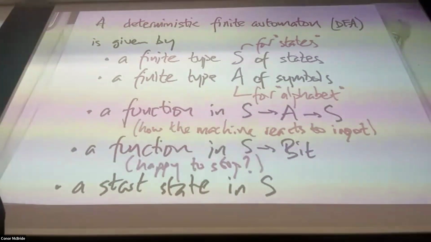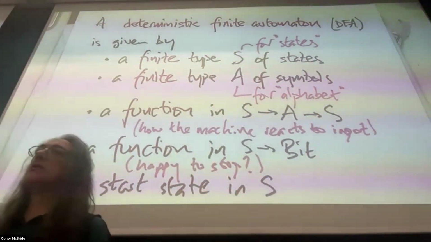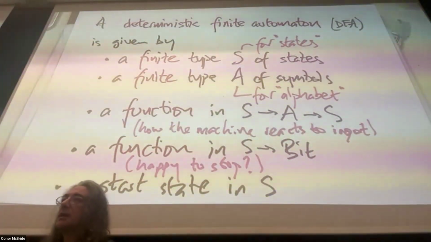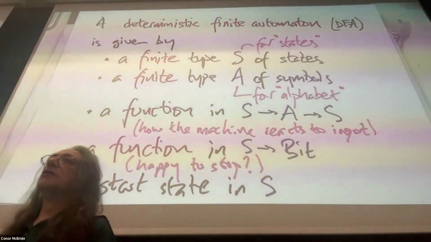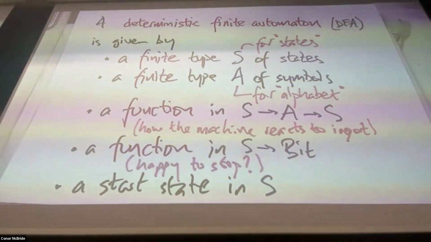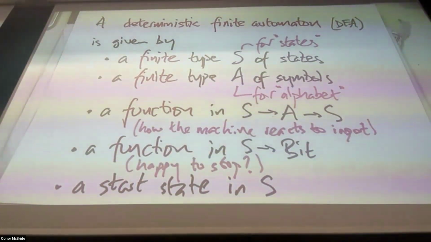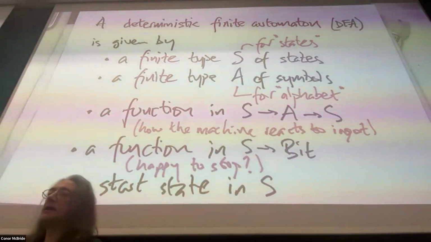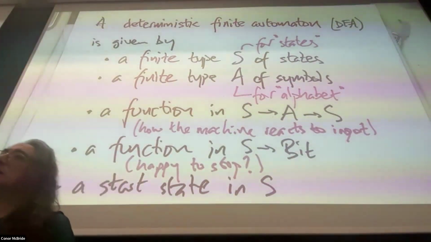So that's the definition. If you did CS106 last semester, you might remember building some circuits that used D flip-flops. When you've got finitely many flip-flops, you've got a finite amount of memory.